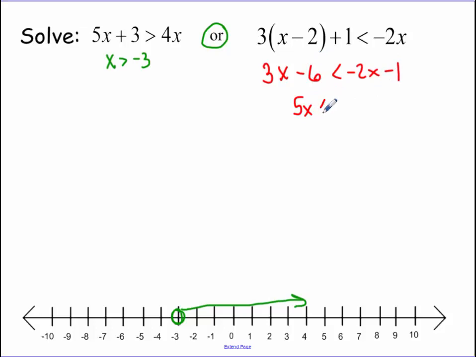I'm going to add the 6 over. Now we divide by 5, so x is less than 1. Now this is an OR, so which numbers make this one or this one true? I've shaded everything twice, so that ends up being all real numbers.